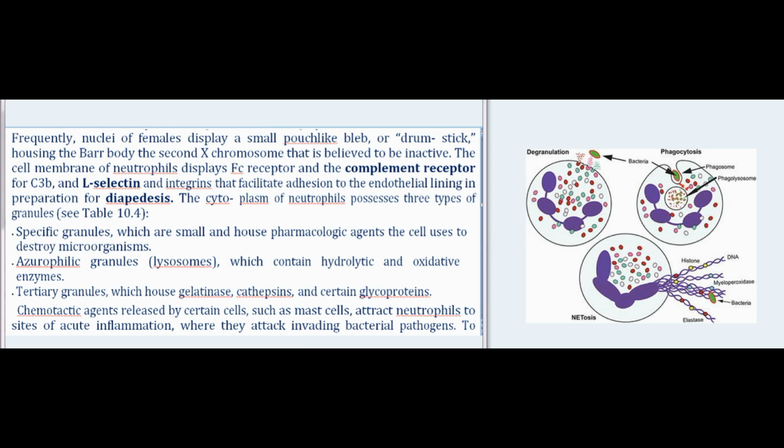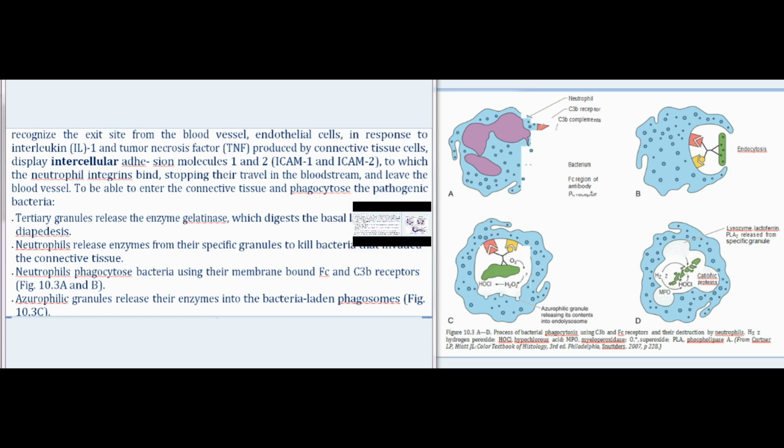Chemotactic agents released by certain cells, such as mast cells, attract neutrophils to sites of acute inflammation, where they attack invading bacterial pathogens. To recognize the exit site from the blood vessel, endothelial cells, in response to interleukin, IL-1, and tumor necrosis factor, TNF, produced by connective tissue cells, display intercellular adhesion molecules 1 and 2, ICAM1 and ICAM2, to which the neutrophil integrins bind, stopping their travel in the bloodstream, and leave the blood vessel.